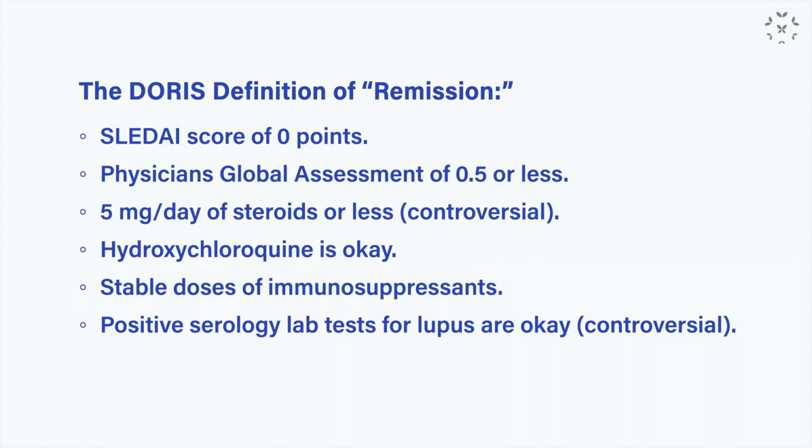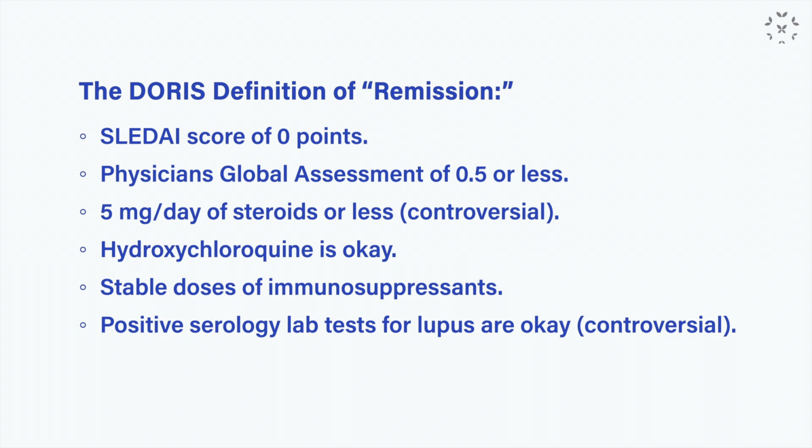Number 1, the SLEDAI score had to be a score of 0, which is remission on the SLEDAI score. But as we talked about before, a patient could be in remission on the SLEDAI score but still have horrible lupus, like if it's attacking the liver or the lung. So they also stated that the physician global assessment had to be 0.5 or less. On the physician global assessment, that's remission or close to remission.